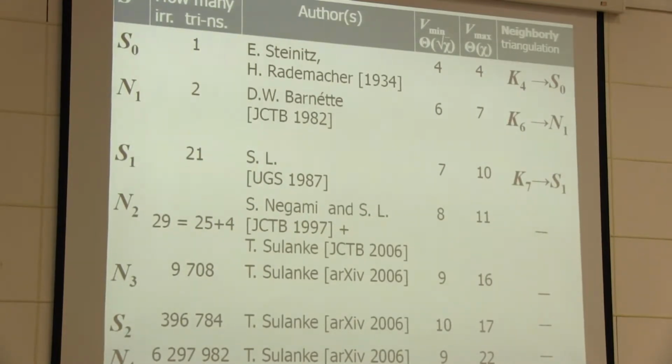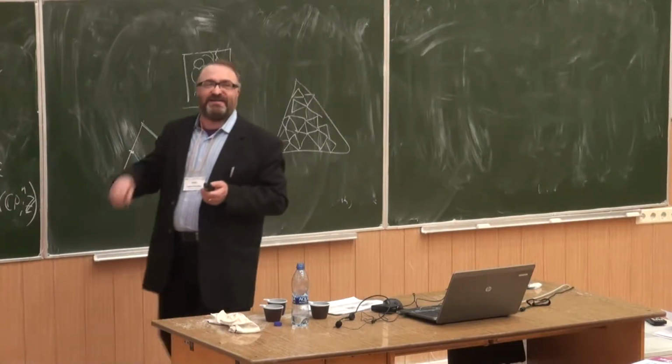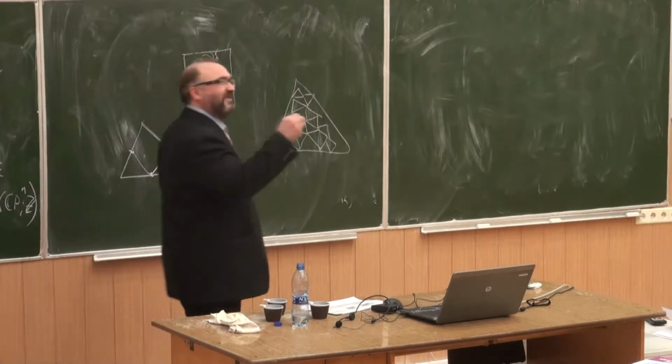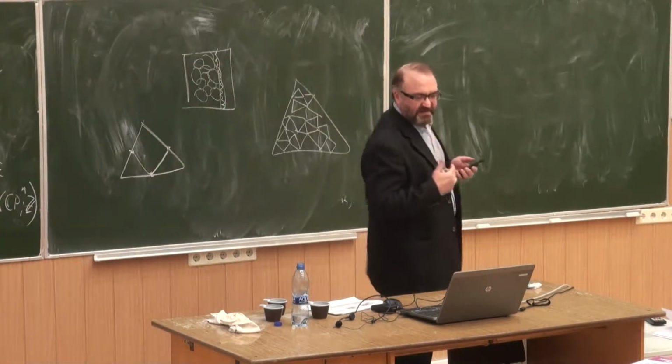For the Klein bottle, N2, there are precisely 29 irreducible triangulations found by Sulanke, yours truly, and Nakamoto. Actually, there was a little gap in our original proof, and later that gap was filled in by Tom Sulanke.